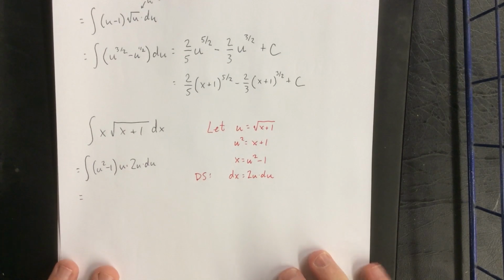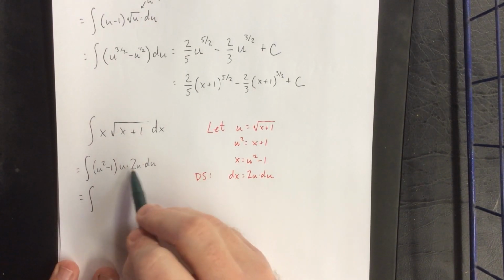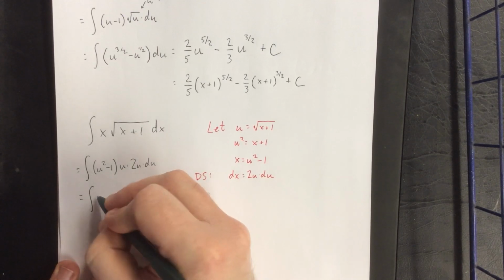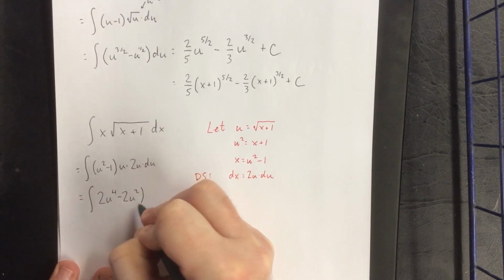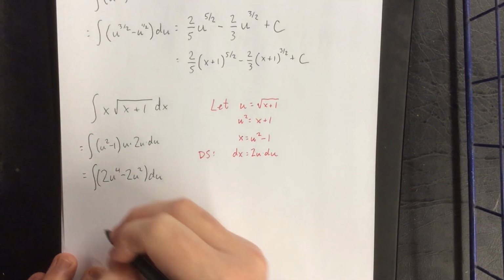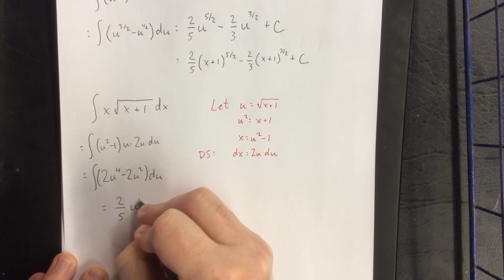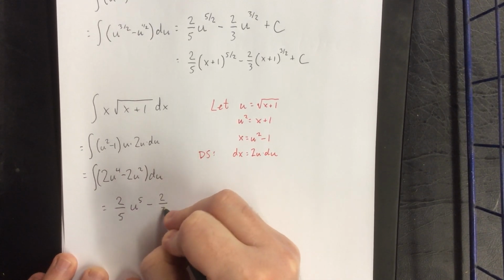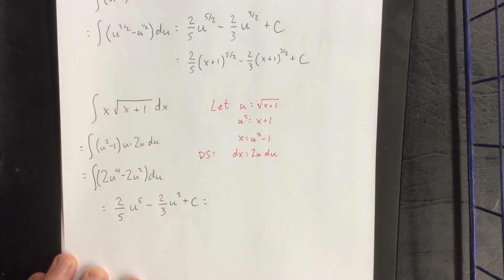A little bit of algebra, specifically the distributive property, says we can take the 2u and the u and distribute to both of these terms to get 2u to the 4th minus 2u squared du. Integrating each of these will simply be a use of the power rule, where we increase each power by 1 and divide by the result.